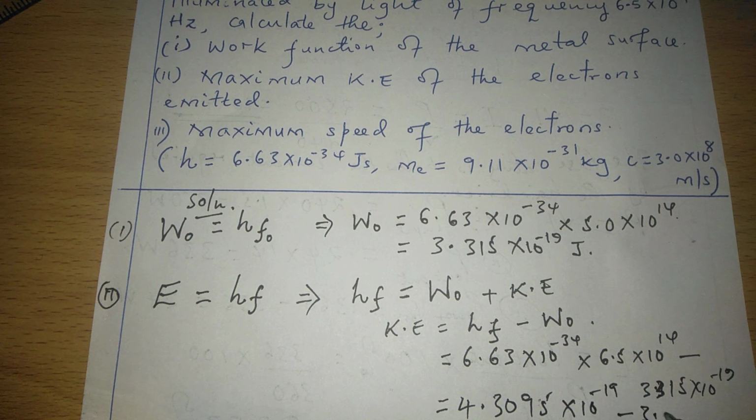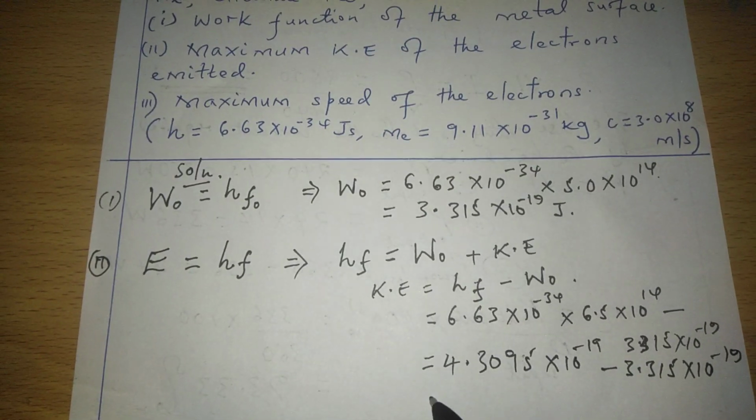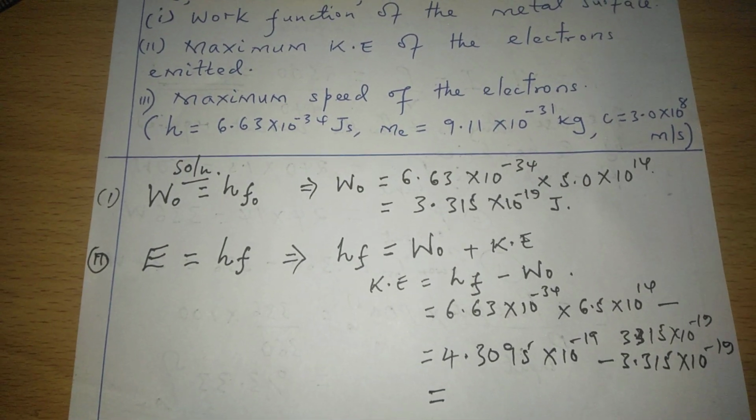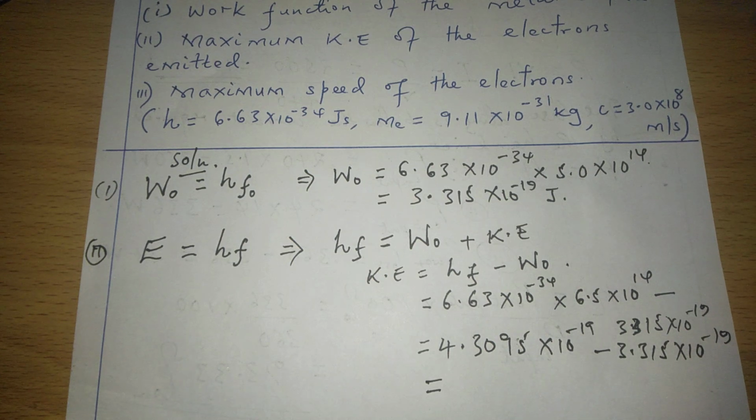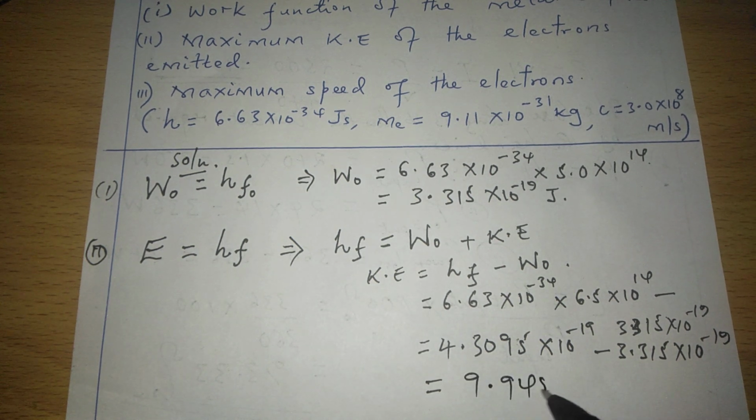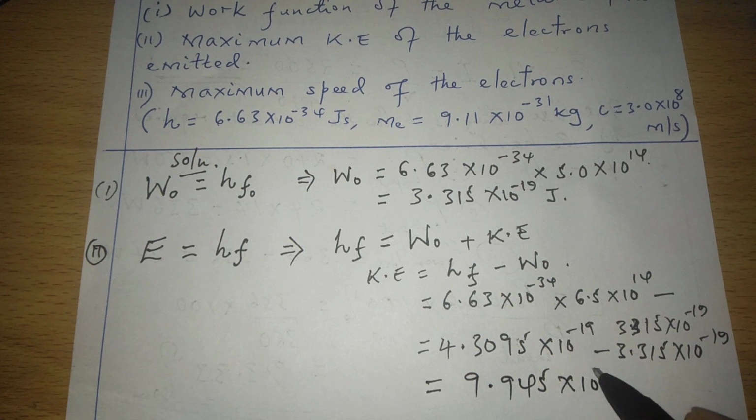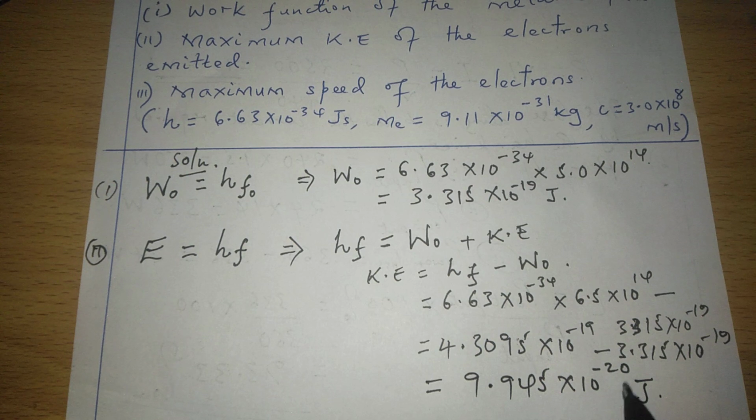We subtract 3.315 times 10 to the power of negative 19. When these two are subtracted, this gives us 9.945 times 10 to the power of negative 20. This is in joules of energy.